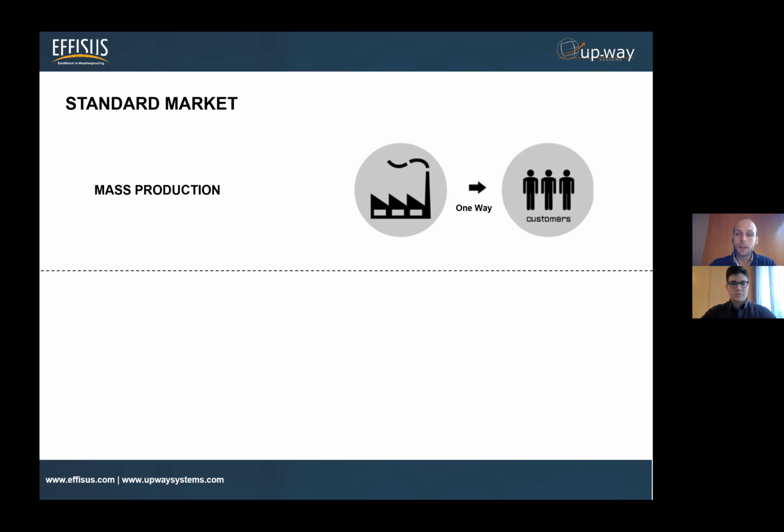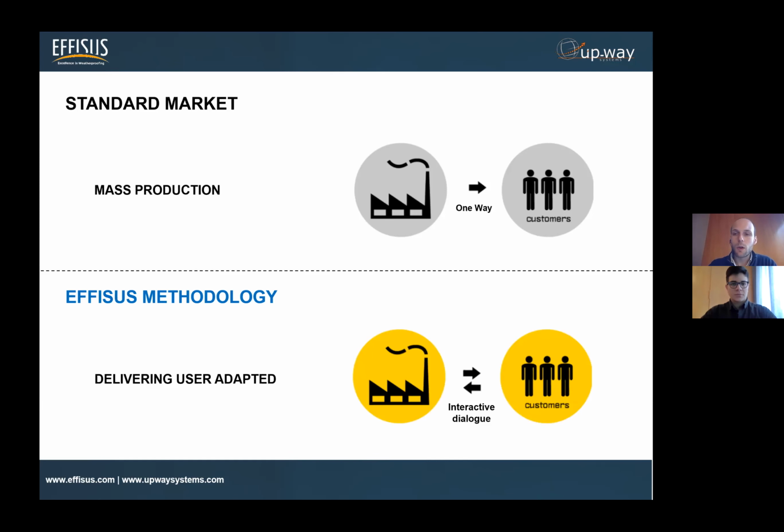They just go there and decide what they want, and there's no exchange of information about the product and the project itself.